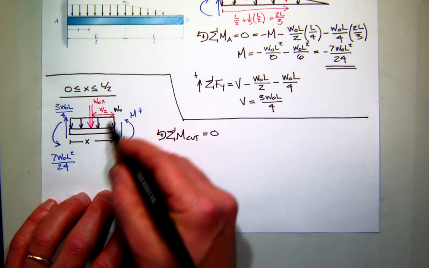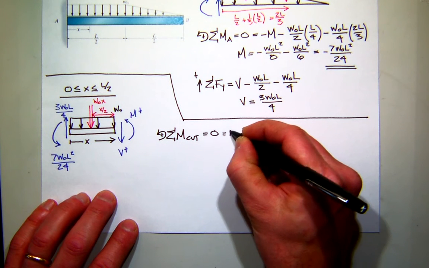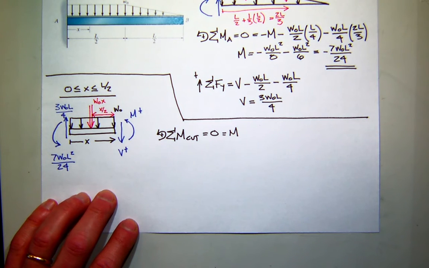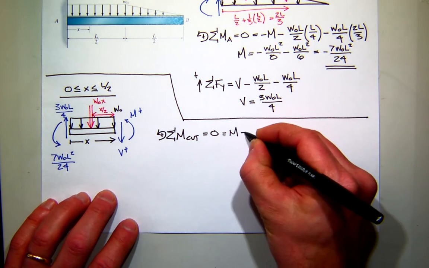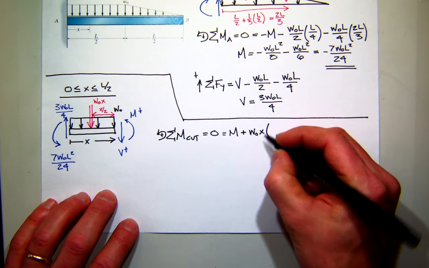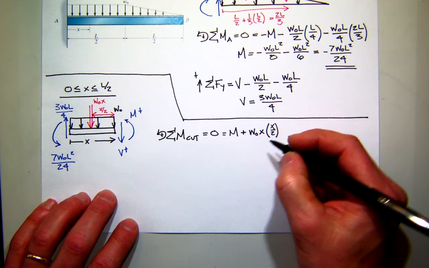So I'll start here. The moment at the cut, I have the moment I'm looking for, M, and that creates positive moment. The concentrated equivalent force creates what? Positive or negative? Positive. So it's a force of W naught x with a moment arm of x over 2, right?